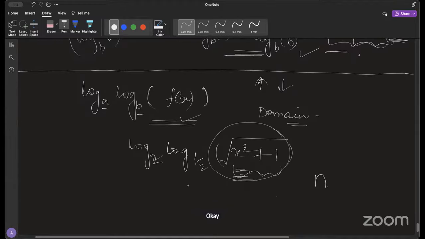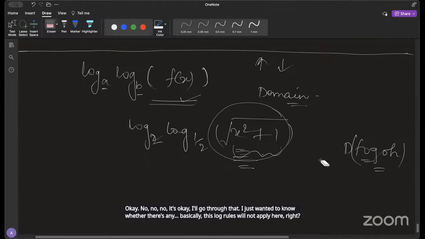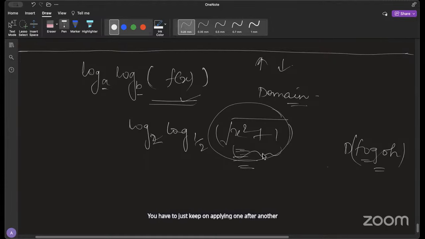We've discussed this in the FOGOH thing where we talked about the domain. Do you want me to repeat it? No, it's okay, I'll go through that. I just wanted to know whether the log rules will not apply here, and you have to just keep on applying one after another from the right. Yeah, from here keep applying and see what are the valid values that you can put in place of x. Thank you.